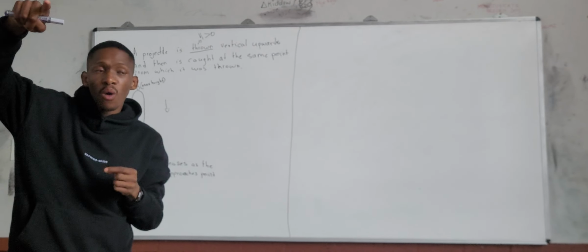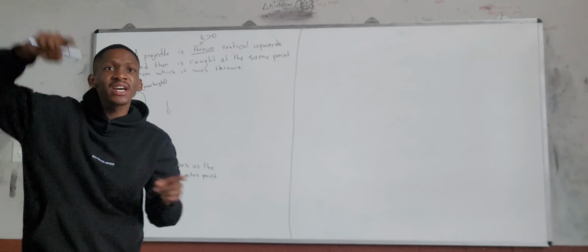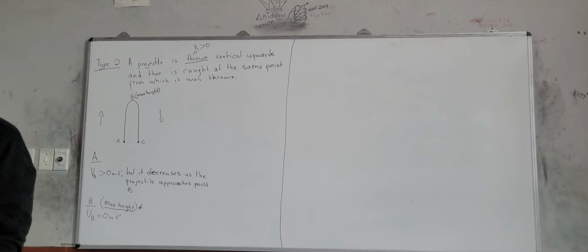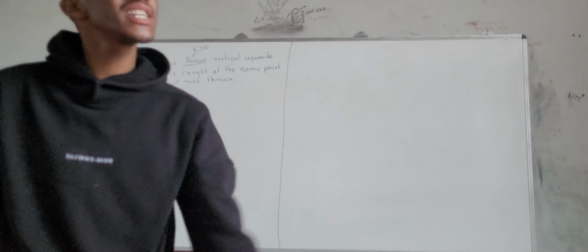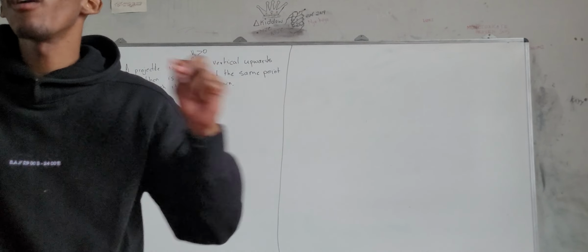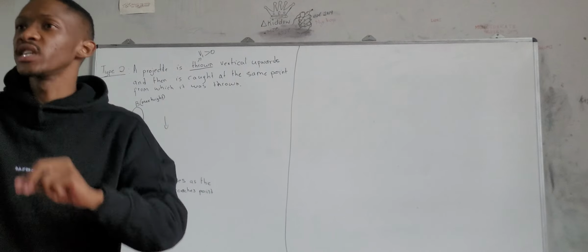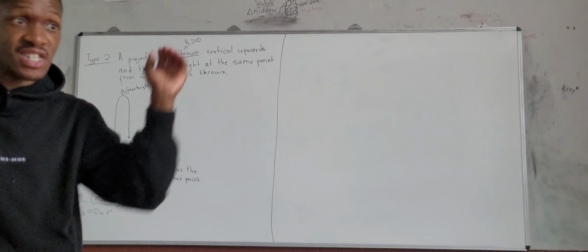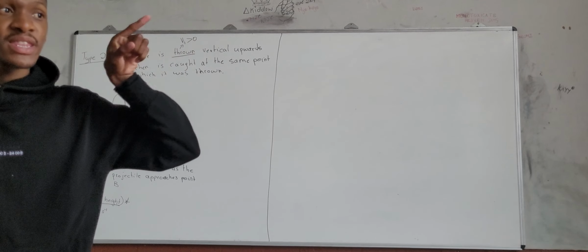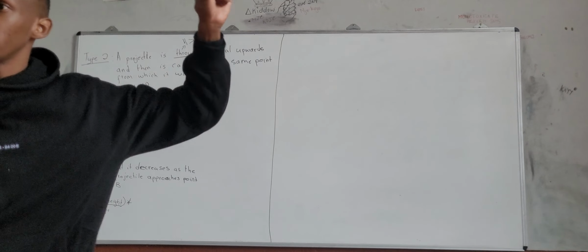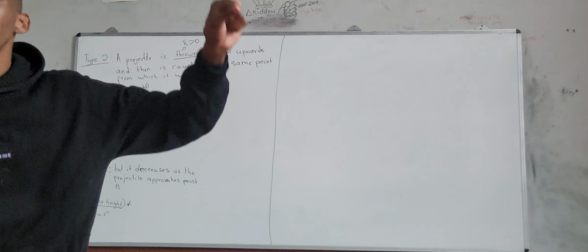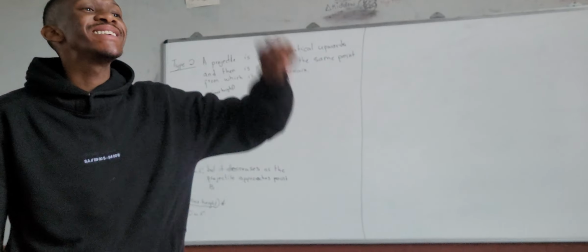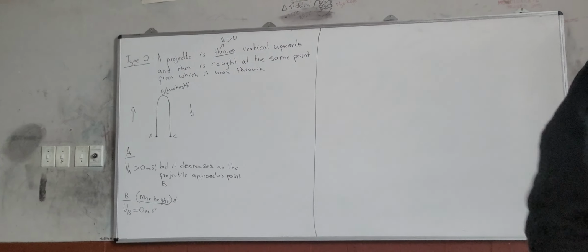And what is important about your maximum height? It's that its velocity is equal to 0. In the exam, they will never tell you that. You must know that when the object is about to change direction, that point is the maximum height, and at maximum height, the velocity is equal to 0. That is one of our hidden variables, but it's no longer hidden.